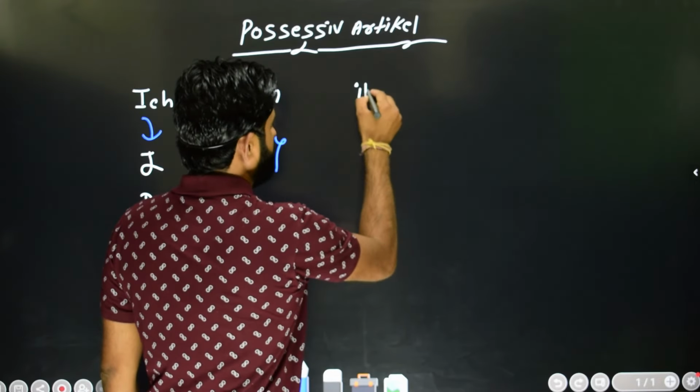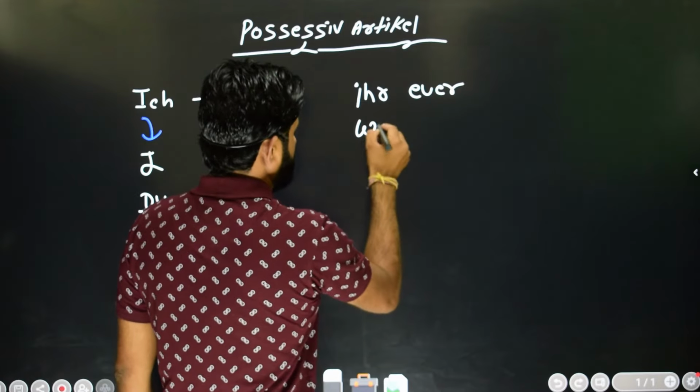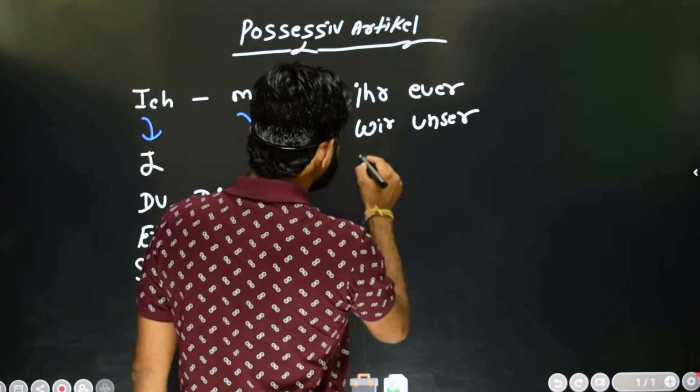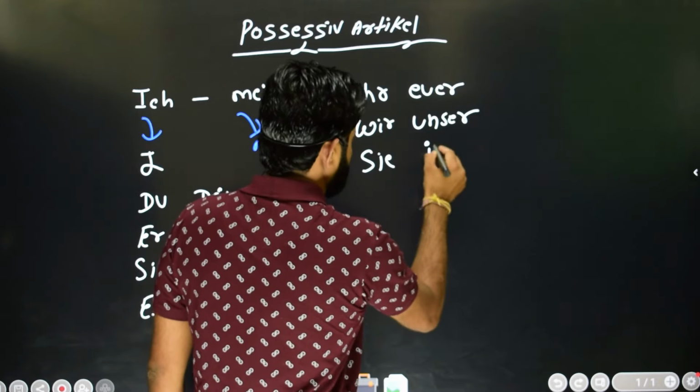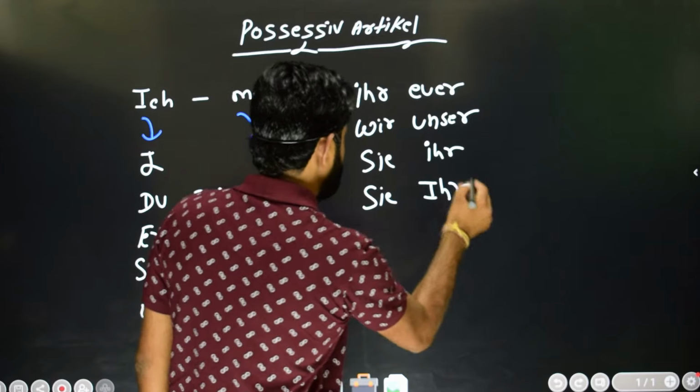For ihr it will be euer. For wir it will be unser. For sie it is ihr, and for capital Sie it is capital Ihr.